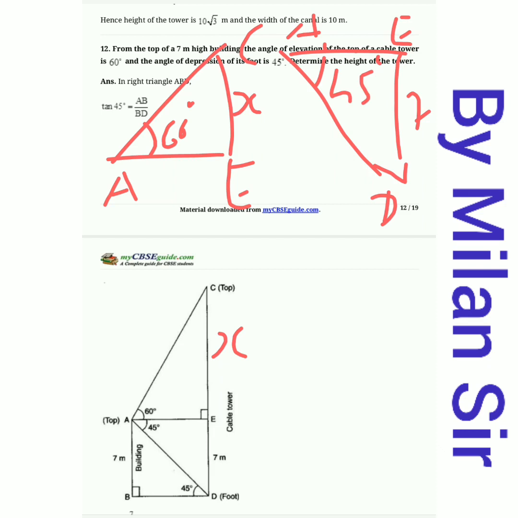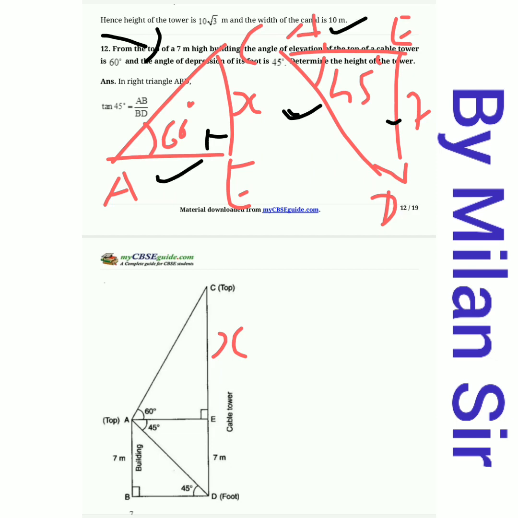So X is present in the first triangle, ACE, but in that triangle we don't know any other side of the right angle triangle, right? In the second triangle, we know one angle of 45 degrees and one side, 7 meters. To find the relation between these two triangles, the common side is AE.